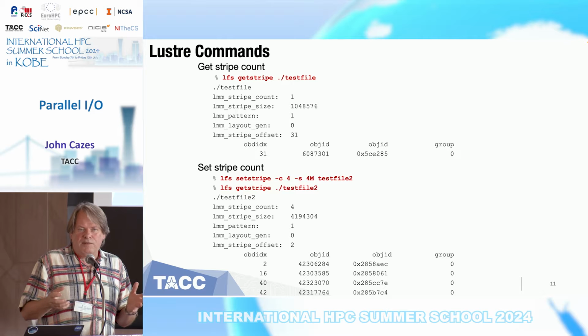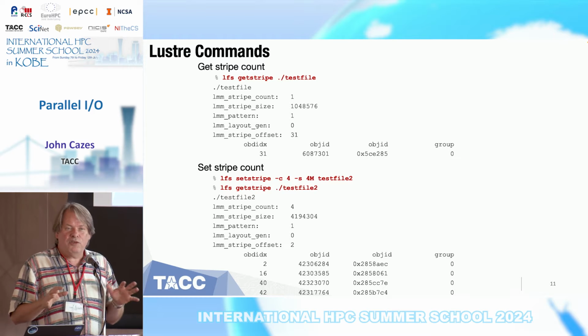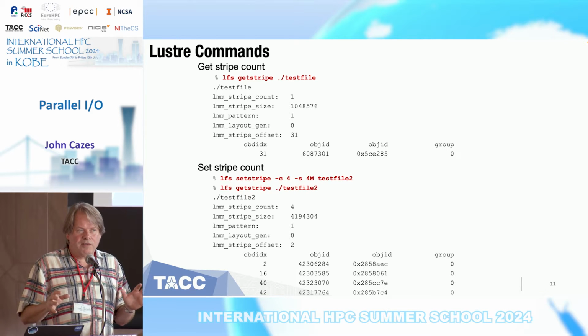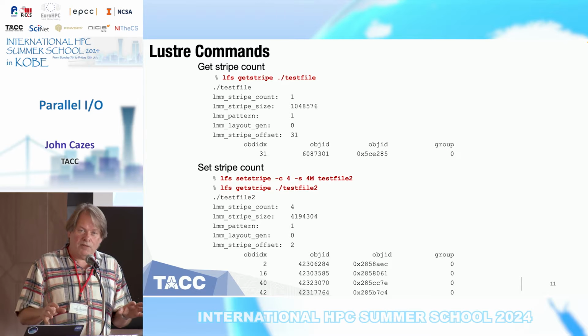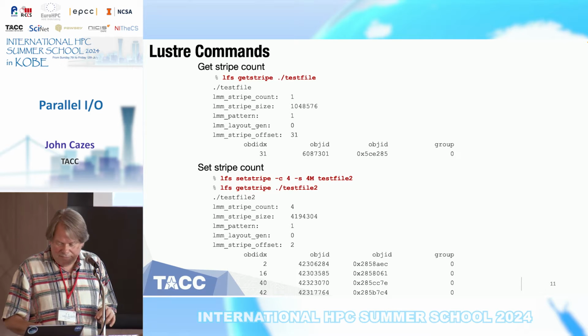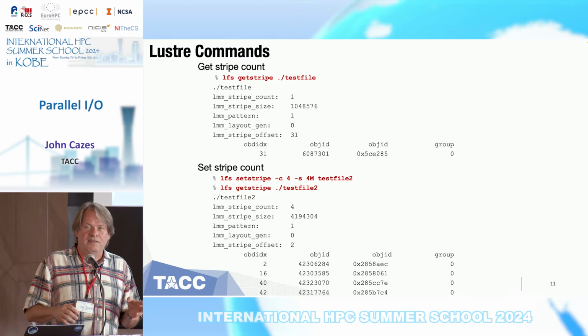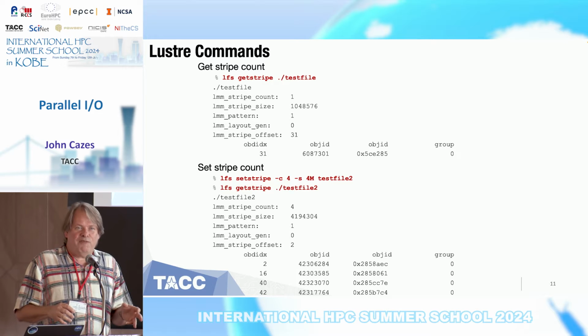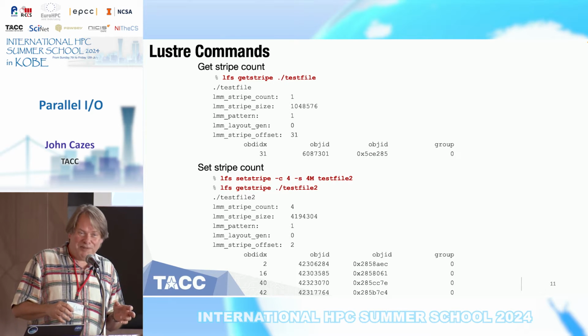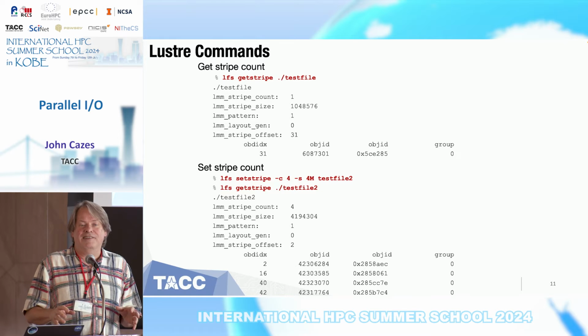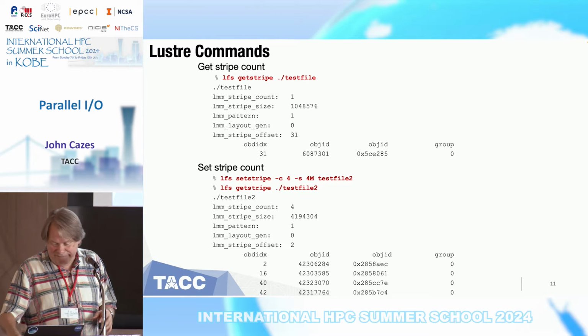Most of the other file systems don't give the user any control at all. The admins get to determine how everything is configured on the back end. So what this also means is that when you bring the file system down, you're partly responsible because you have not set these parameters correctly.